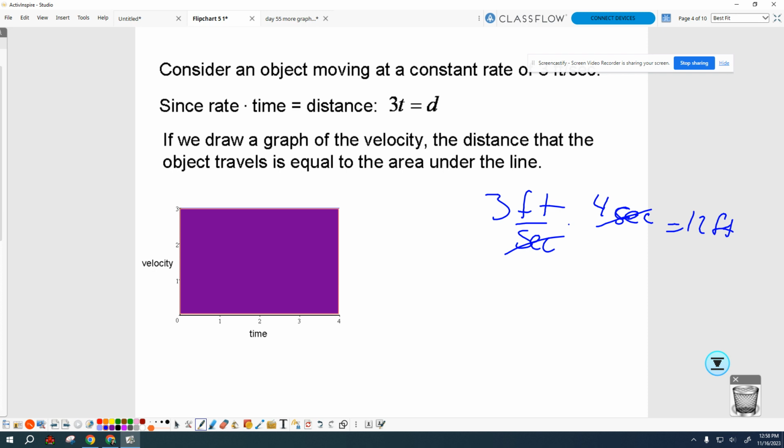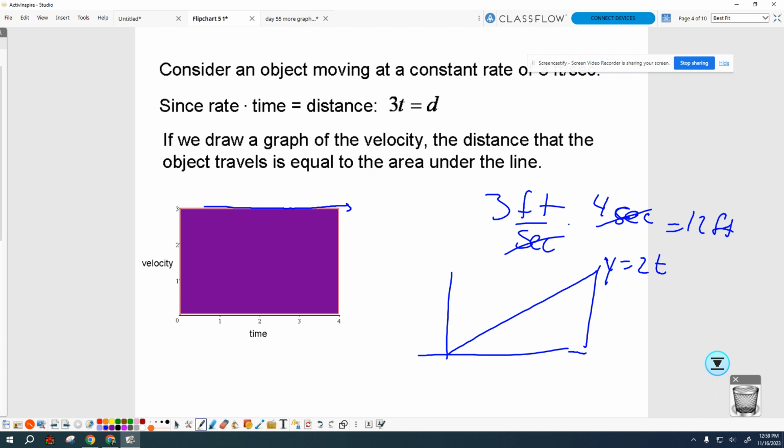If you look at the equation of the velocity as a horizontal flat line, 3 feet per second, times the number of seconds, it's just a big old rectangle. The area is the distance that I moved. What if my velocity was, for every second, I got 2 times faster?